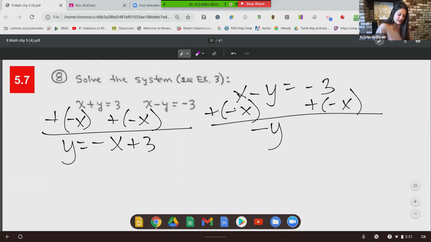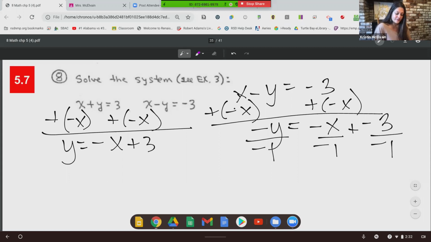Make sure you bring down your negative symbols. Well, I need it just to be y, not a negative y. So that is actually a -1y. So I'm going to divide everything by -1. And that gives me y equals x plus 3.